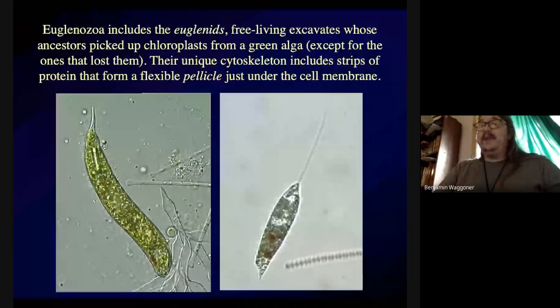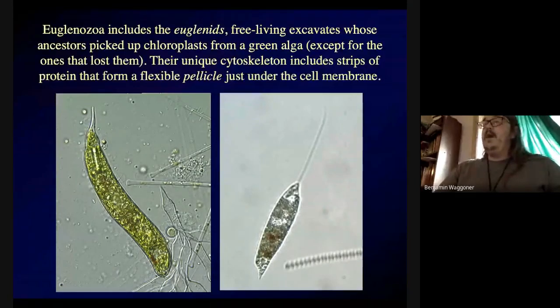They're also a deep grassy green. You can see Euglena, for example, over there on the left. On the right is another flagellate that you commonly see in pond water. This one happens to be called Paranema. It doesn't have chloroplasts, but other than that, it's very closely related to Euglena. It's in this group called the Euglenozoa.